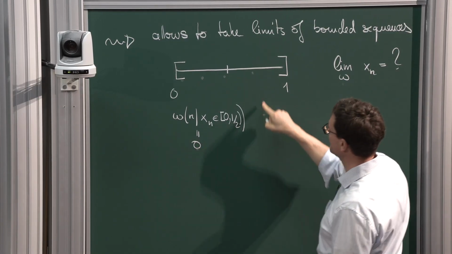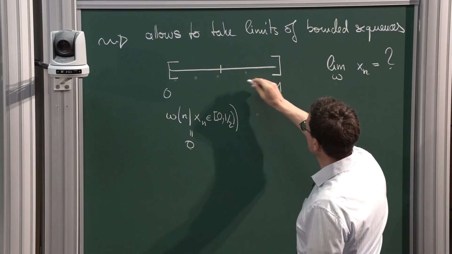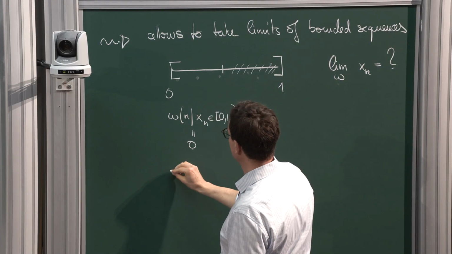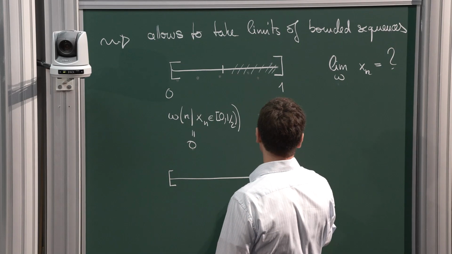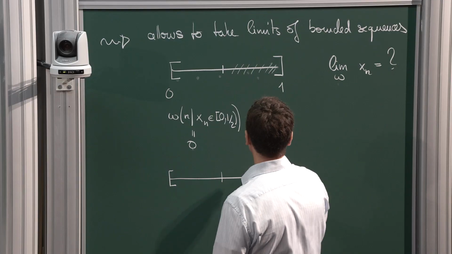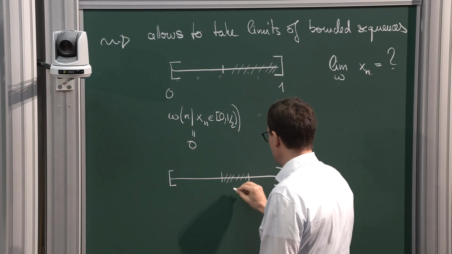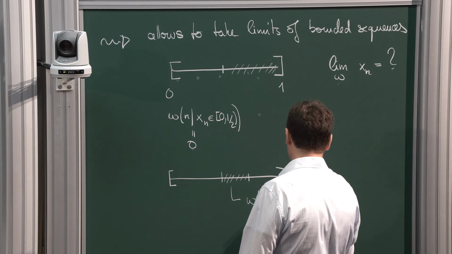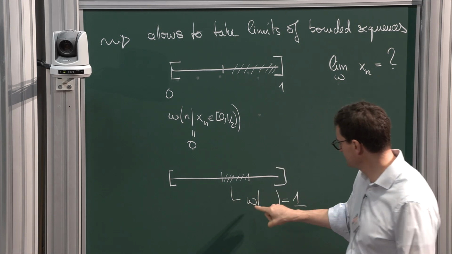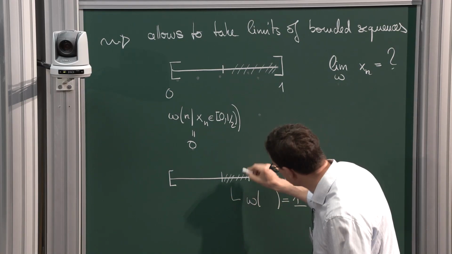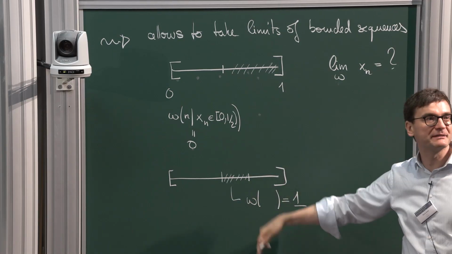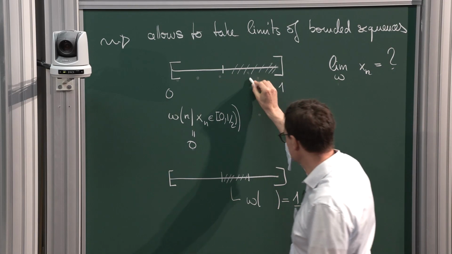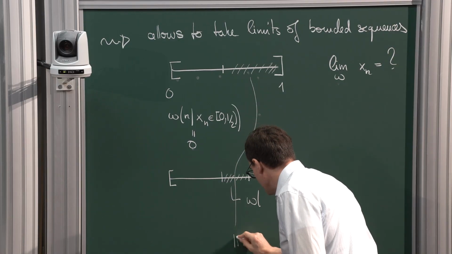So if that is 0, this has to be 1. It should be here. So in the next step, you do it again. And now you subdivide again and again, and somehow this gives you the limit.